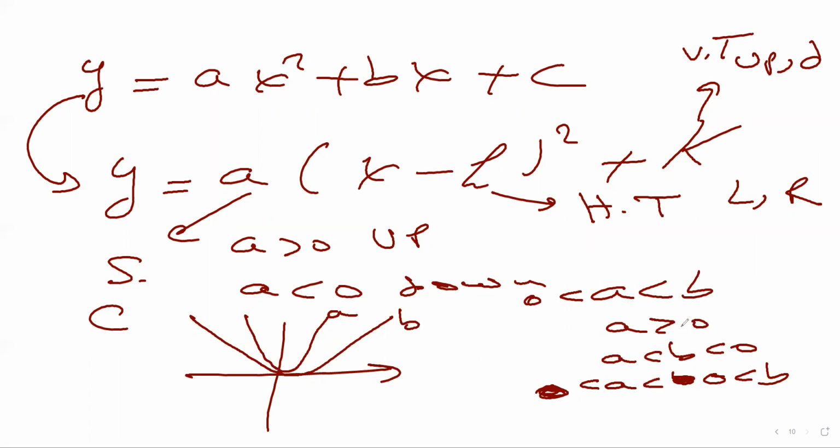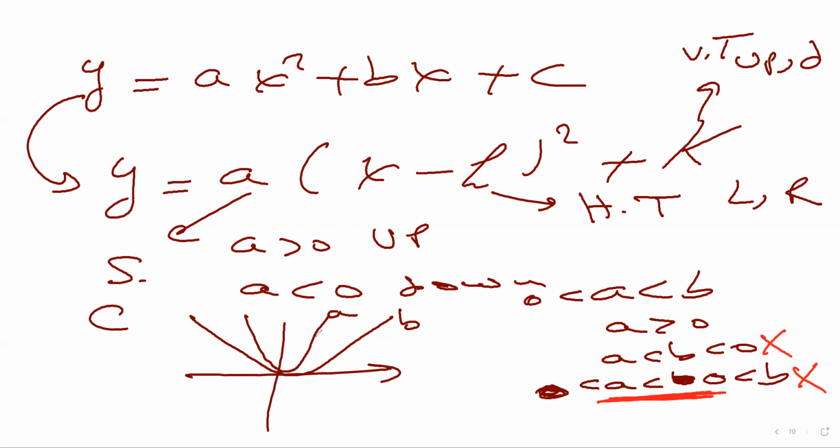Guys, first of all, is this parabola opening up or down? Up. This parabola is opening up. So given that, B negative is rejected. Right? It's not allowed to be negative, because it's opening up.